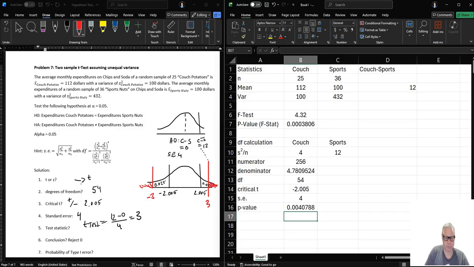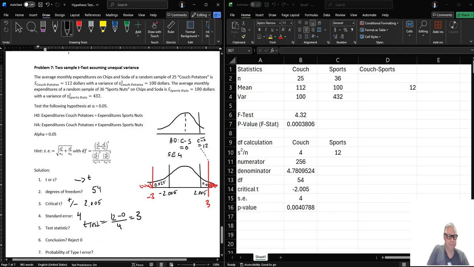So the probability is 0.004, or 0.4% roughly. So it's a very small probability that we made a type 1 error, but it is a probability.